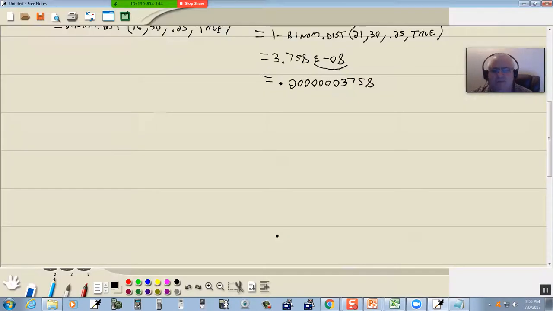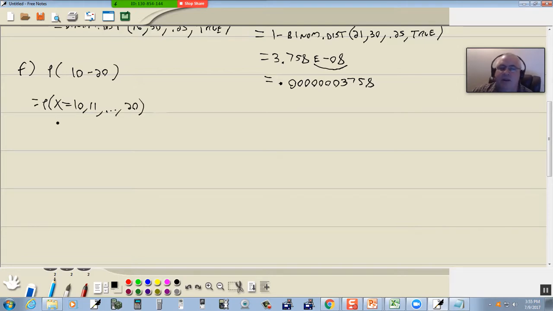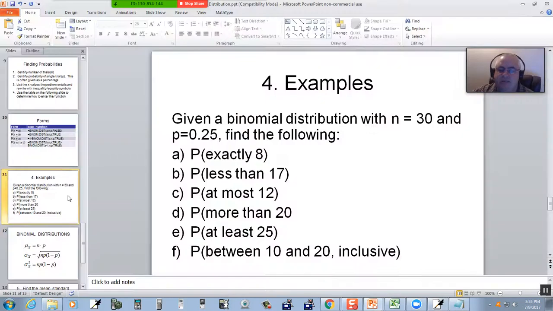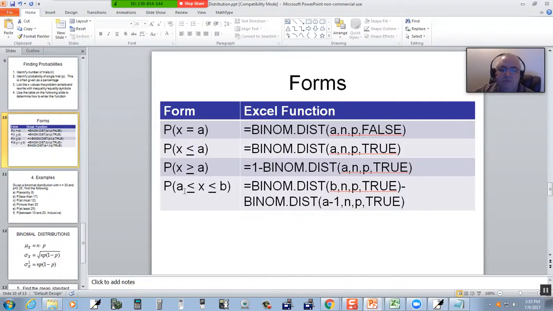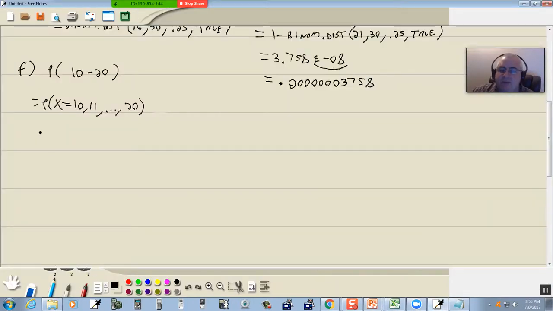But let's look at F. Probability between 10 and 20 inclusive. Means it includes 10 and 20. Well, let's write down what x values that entails. So it's 10, 11, all the way up to 20. Now to write it with inequalities matching one of these forms, this is going to be between two values, this last form.